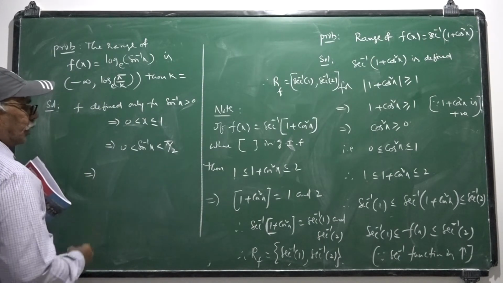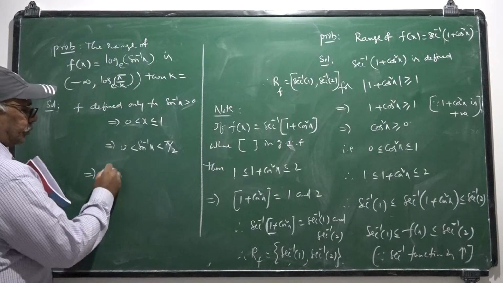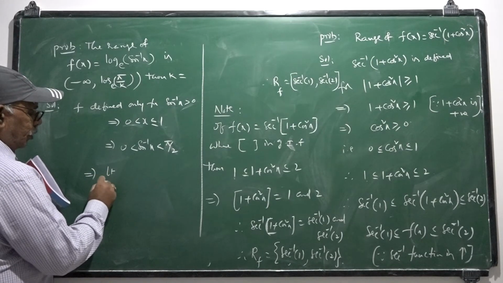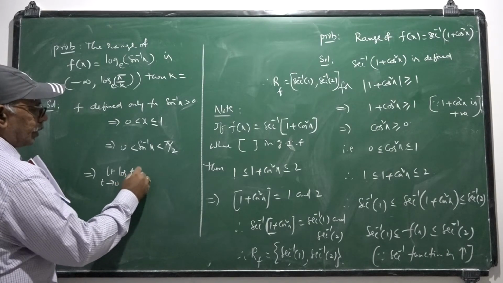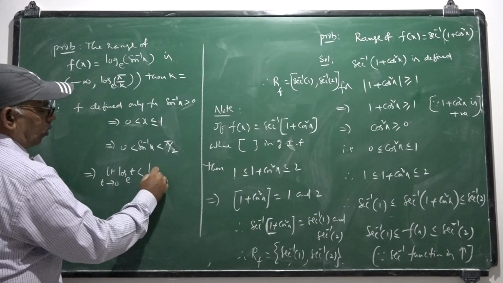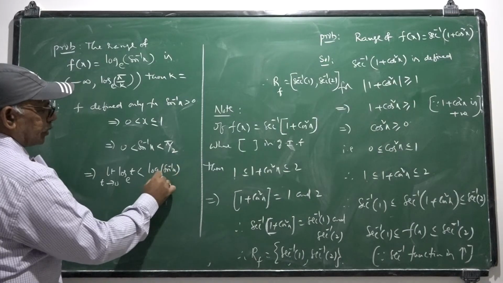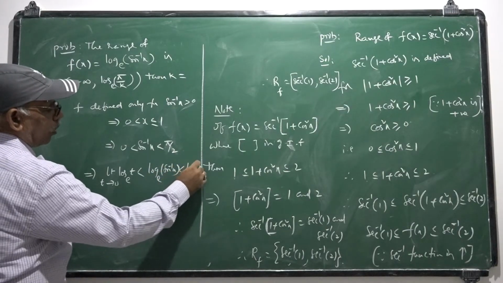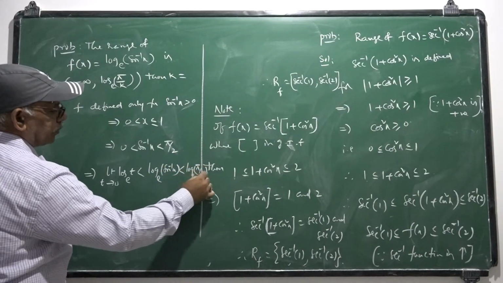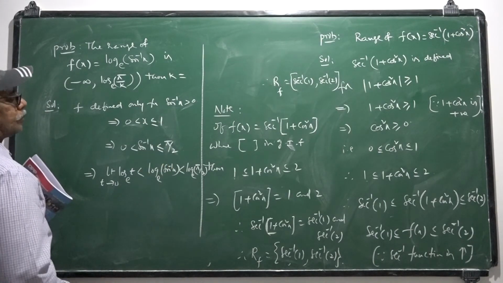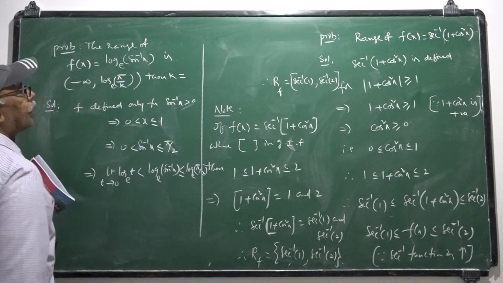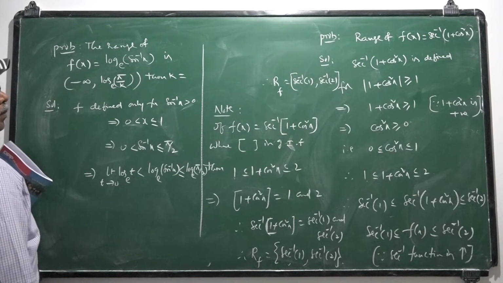So taking logarithm, as t goes to 0, log t to the base e is less than log sine inverse x to the base e, which is less than or equal to log pi by 2 to the base e. Of course, this is equality at x equal to 1, sine inverse 1 is pi by 2.